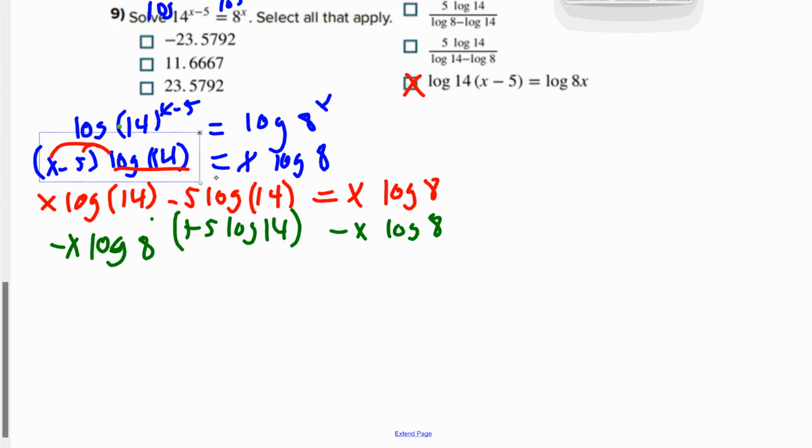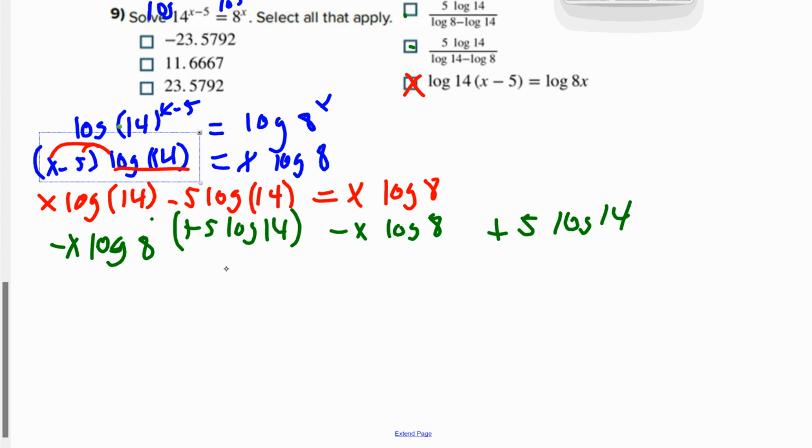It likes positives instead of negatives. That's why it's doing that, but it really doesn't matter. If you have negatives, you can multiply top and bottom by a negative, and that just switches all the signs. That's what you have to be careful with, because I believe one of these two is one of our answers as well.